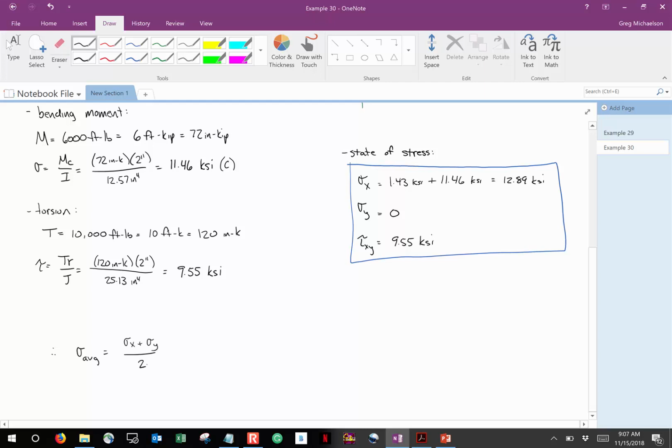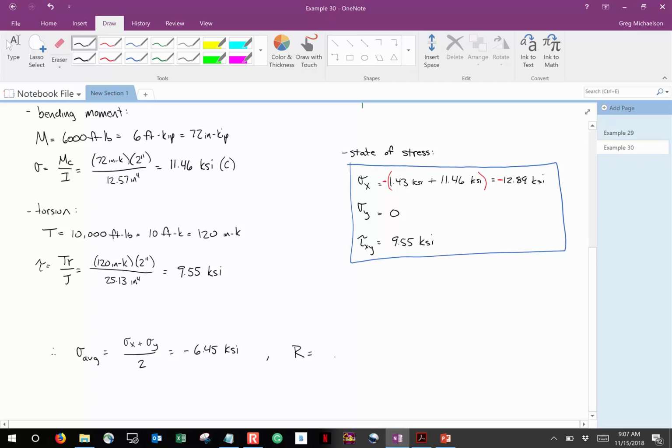One thing I forgot: since these are both compression, they need to be negative. Apologies for that. So negative 12.89 plus 0 over 2, half of that, is minus 6.45 ksi.